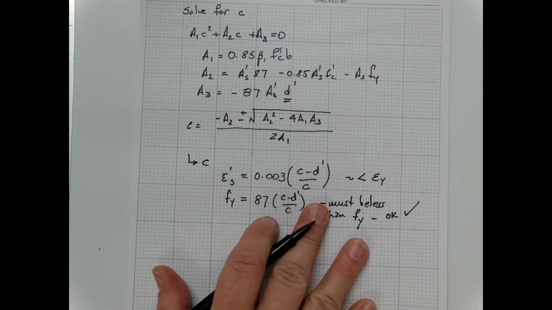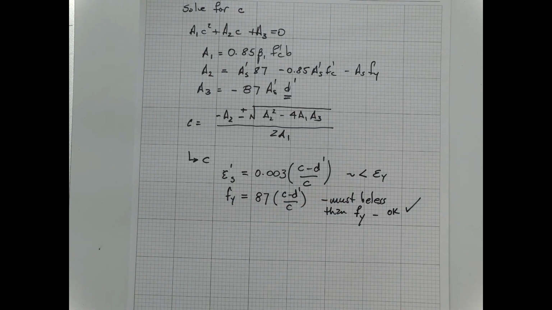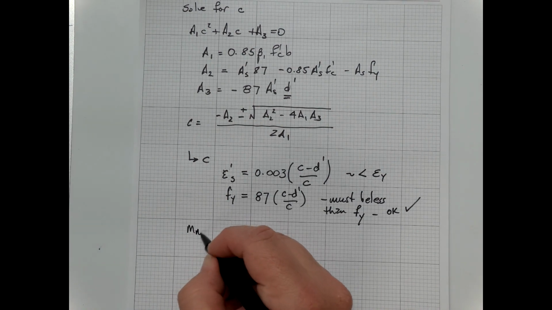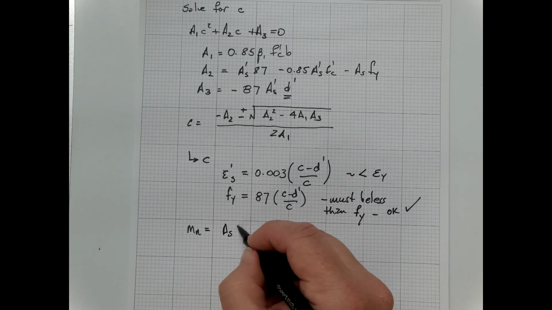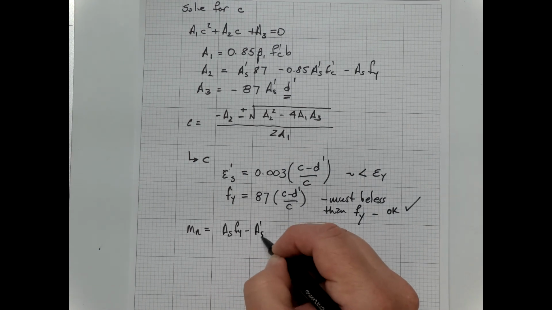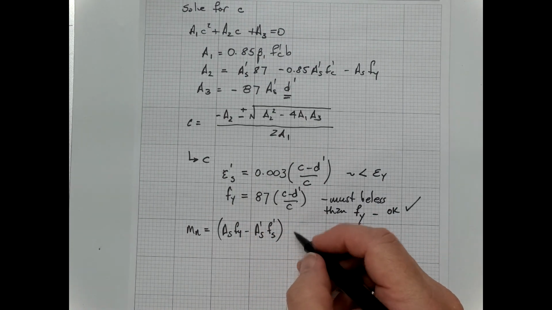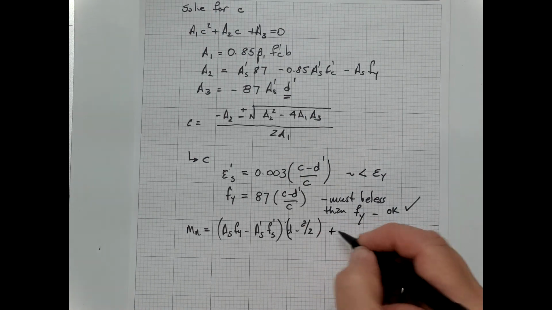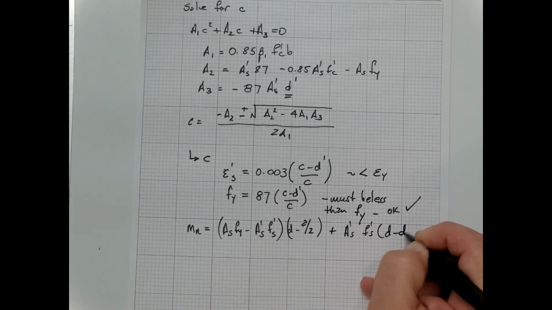Check that, and if that is the case, then our nominal moment is equal to A S F sub y minus A prime S F prime S multiplied by D minus A over 2, plus A prime S F prime sub S, D minus D prime.